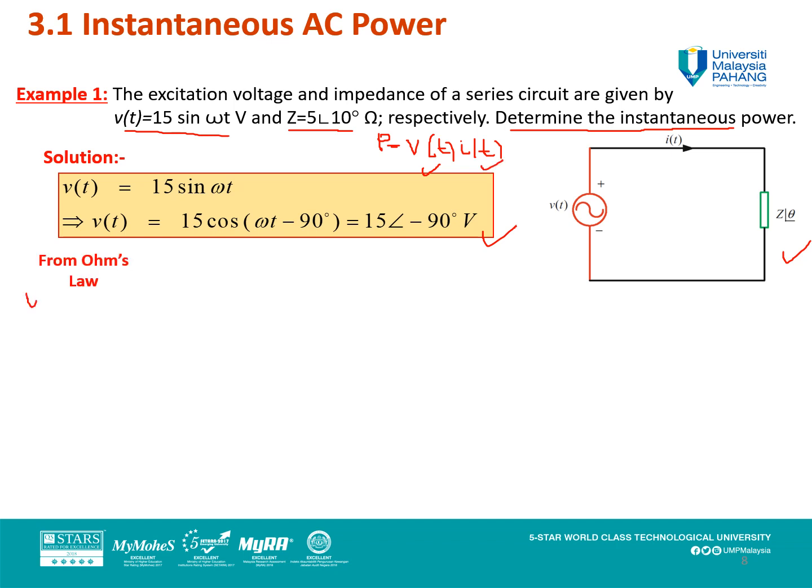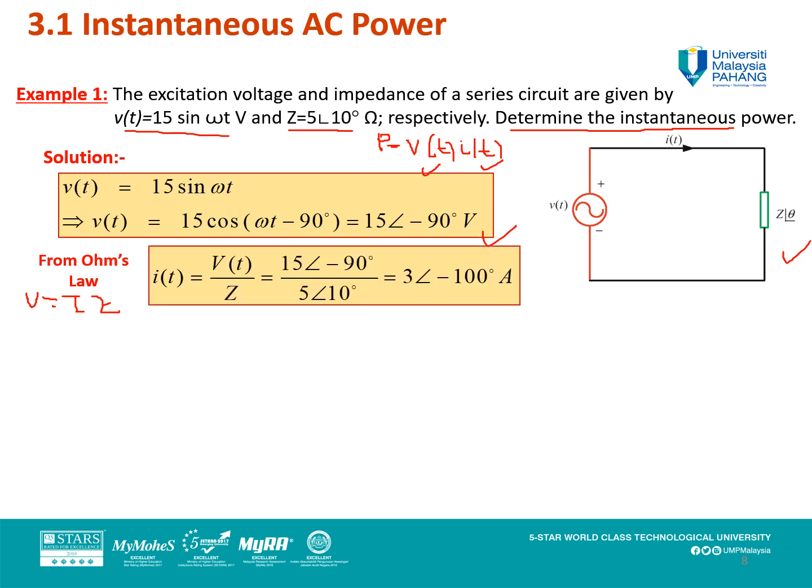Ohm's law states V equals IZ. Now you have the value of the impedance Z. So rearrange the equation of Ohm's law, you get I equals V divided by impedance Z. Rearrange the values and calculate using the calculator, then you get 3 angle minus 100 degrees, the current, unit is ampere.